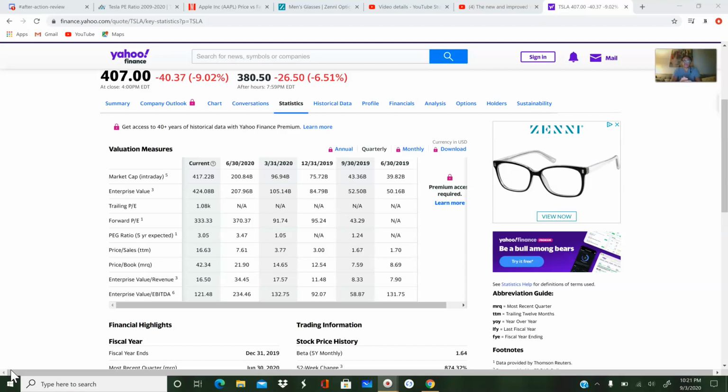So if I get a PEG ratio of generally less than 1, then I know that the earnings per share growth rate is greater than the PE ratio. And on the flip side, if the PEG ratio is greater than 1, then that lets me know that the earnings per share growth rate isn't keeping up with that PE ratio.